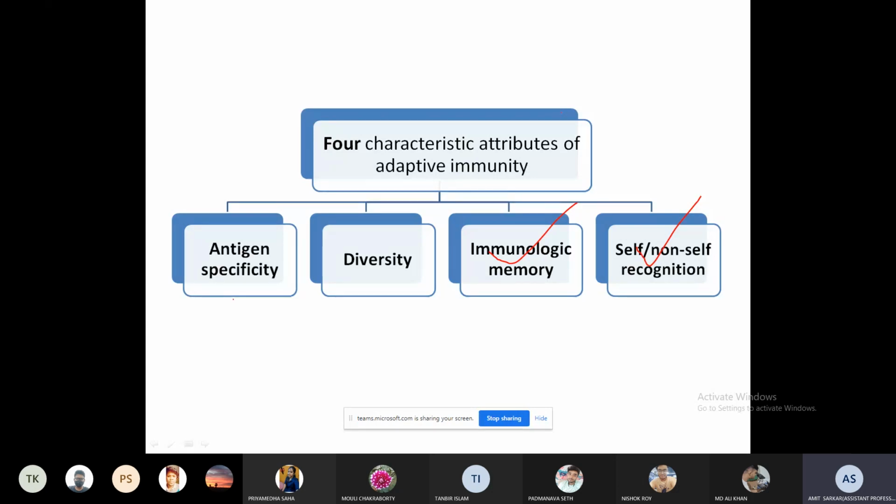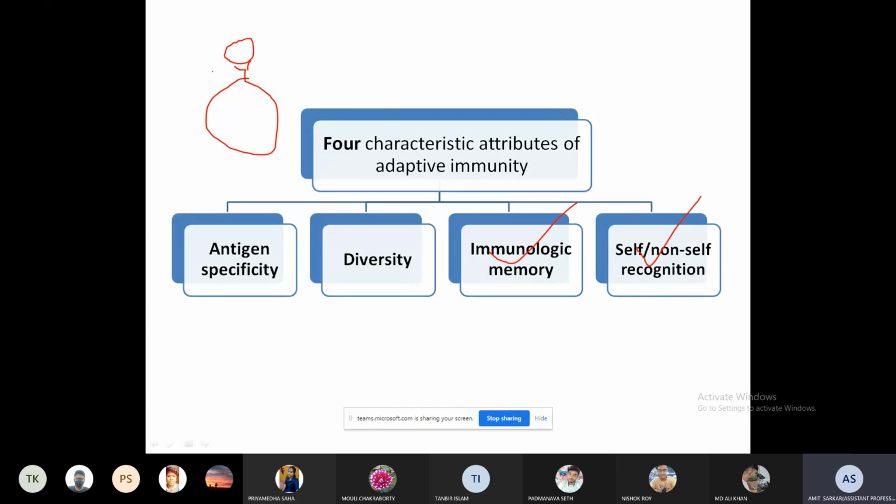The huge number of antibody molecules, the possibility of antibody molecules, is there. I've also mentioned before that every B cell that is coming out from the bone marrow has a membrane-bound antibody molecule attached to it. Hope you remember, attached to it. And these membrane-bound antibodies are specific for a particular microorganism protein.